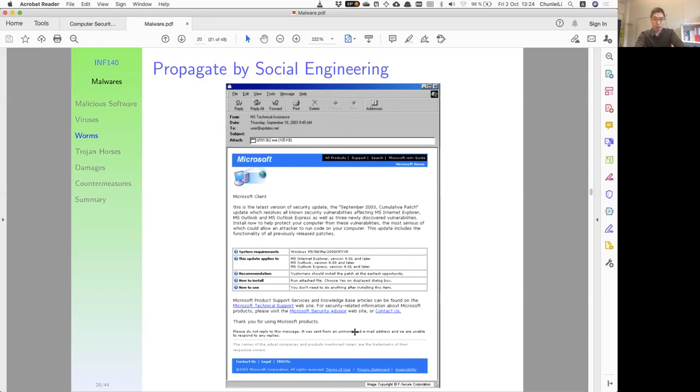It's a good service. Then they click the link, and maybe it leads to some web page that tries to gather some information from the user. So this is the idea of social engineering for propagation.